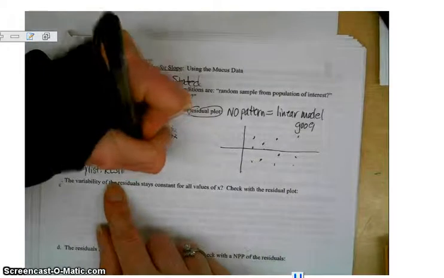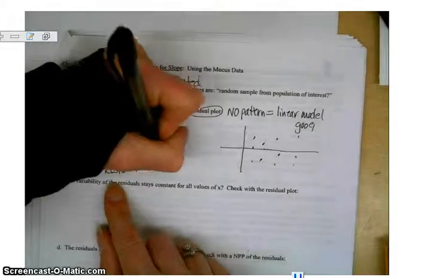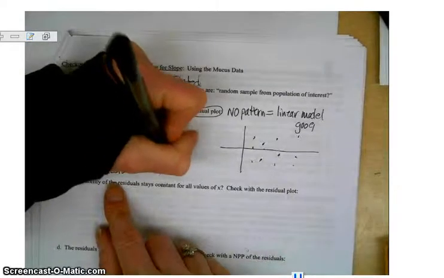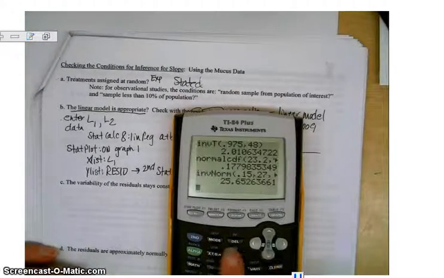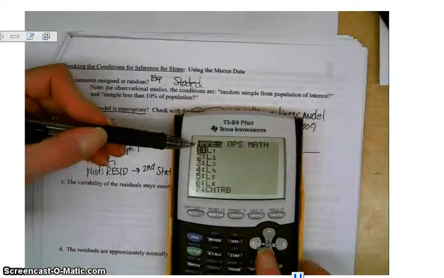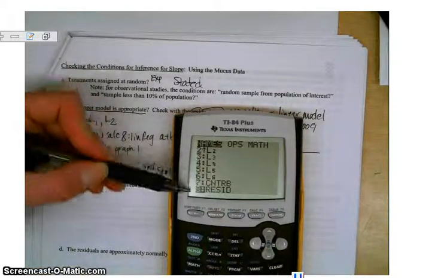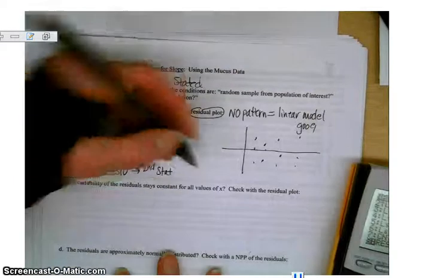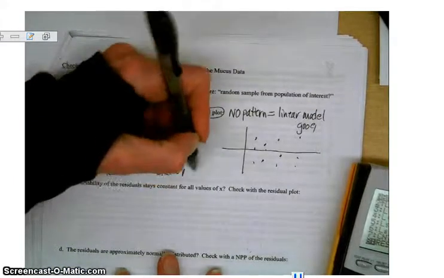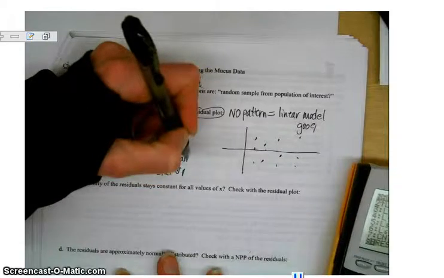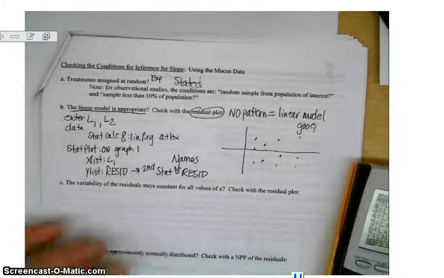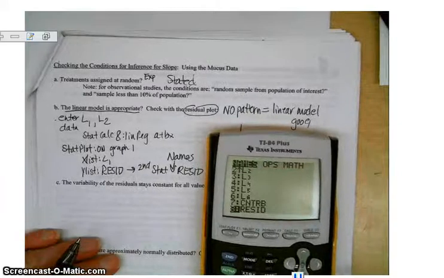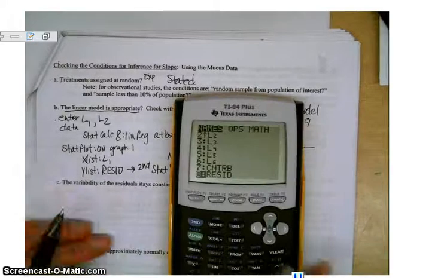To get that, you hit second stat, and then under names, go down to residual, and just hit enter and it'll put that. I do happen to have some data in here right now.